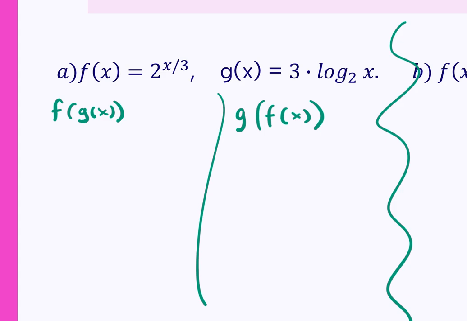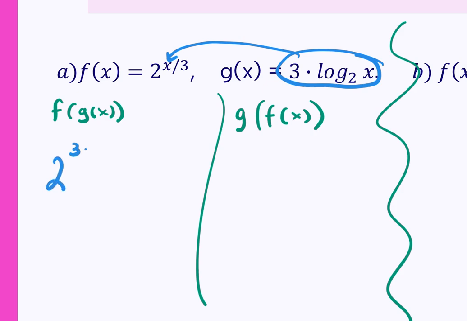So for the first one, I'm taking this and I'm plugging it into the exponent. So 2 to the 3 times log base 2 of x divided by 3. What happens to the multiplying by 3 and the divided by 3? Cancels, and I get 2 to the log base 2 of x.